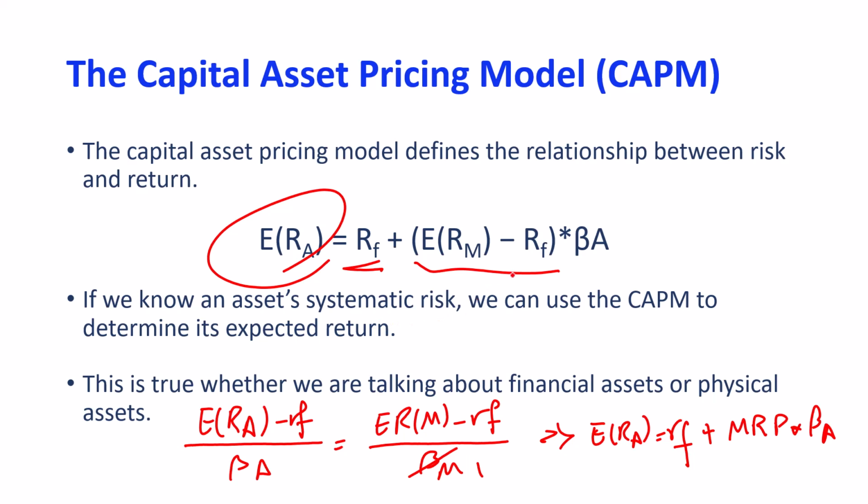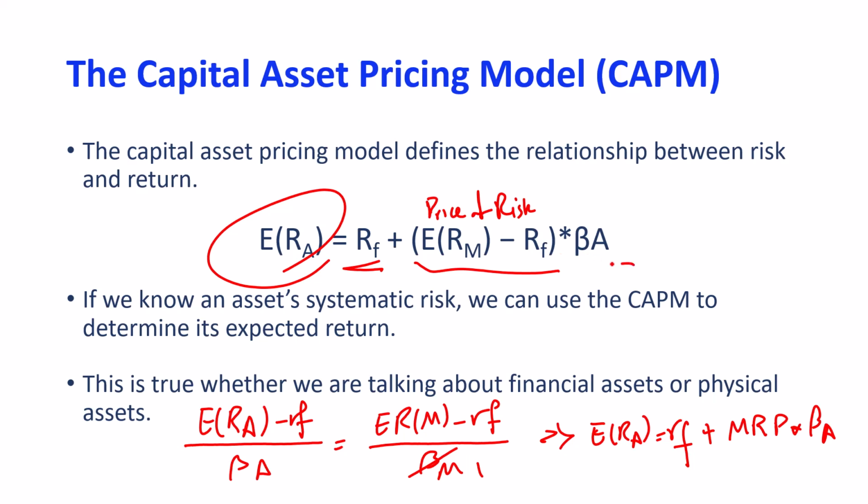The second part is the reward for bearing systematic risk, the market risk premium. We call this the price of risk. This is the reward the market offers for bearing an average amount of systematic risk in addition to waiting.